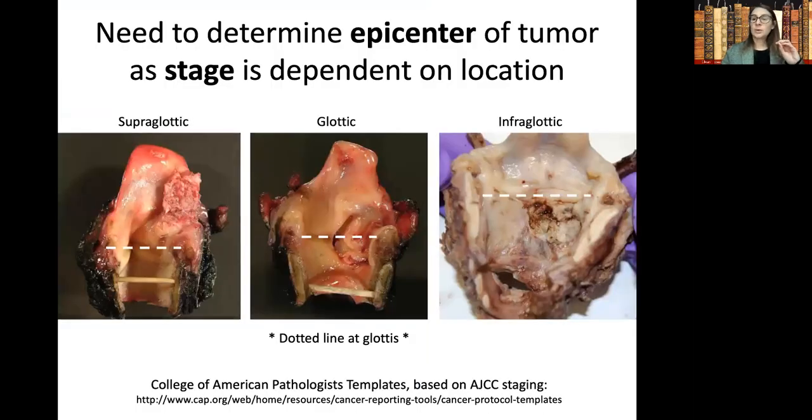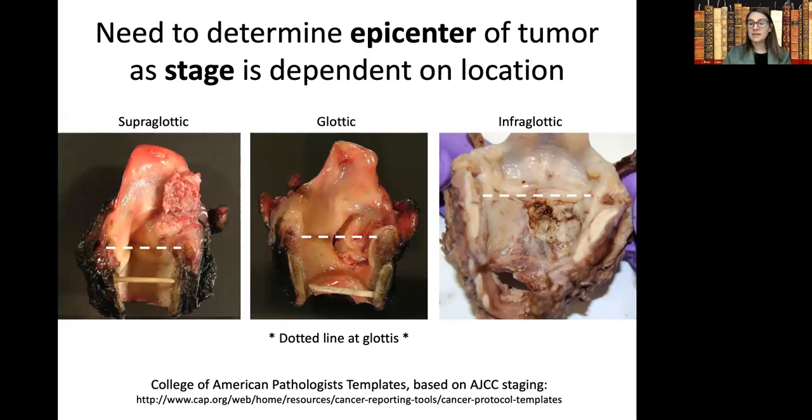The reason we need to know where the glottis is is to determine the epicenter of the tumor, as stage is based on location, being either centered on the supraglottis, centered on the glottis, or centered on the infraglottis, all three examples seen here. For staging, I'm going to refer to the College of American Pathologists templates that are all available online.